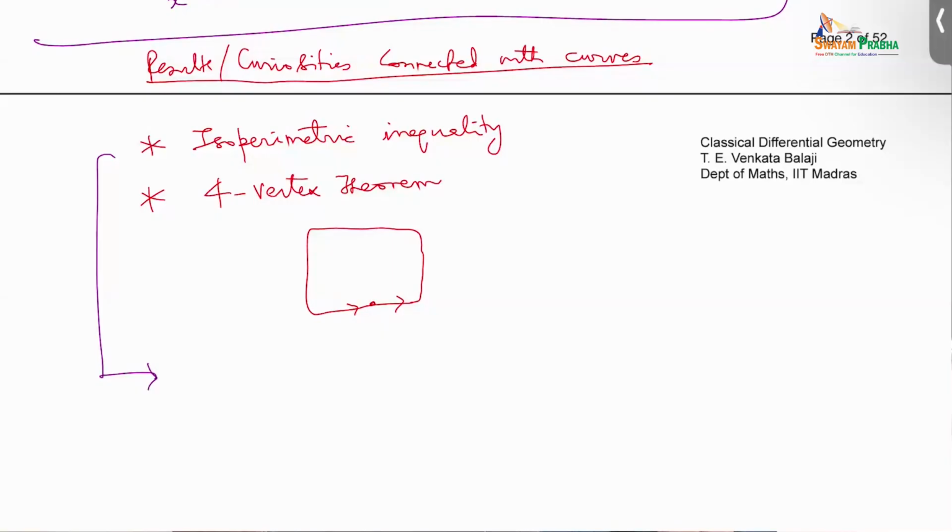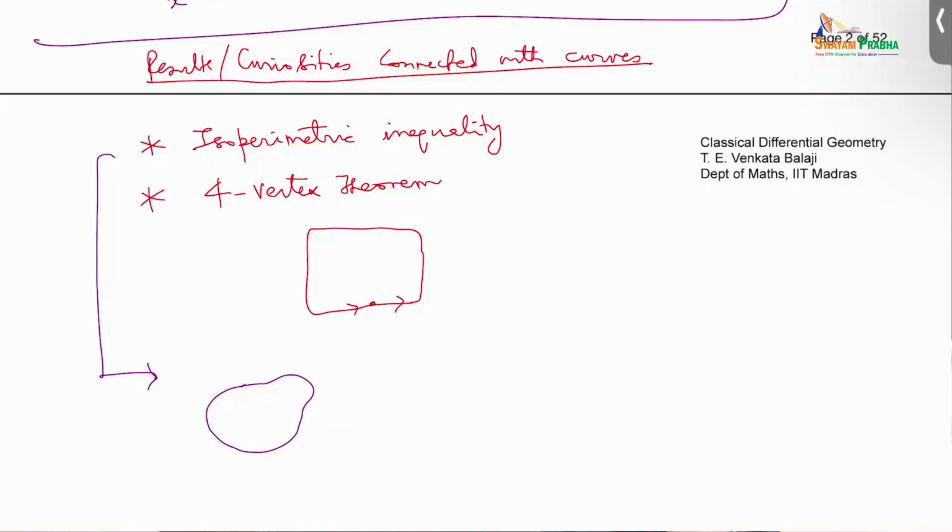So the first thing one can think of is, you take a loop. When I take a loop, I mean a simple closed curve. It's a closed curve, which means the starting point and ending point are joined together, so that it's a loop.